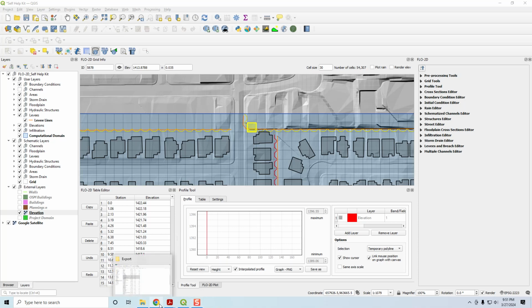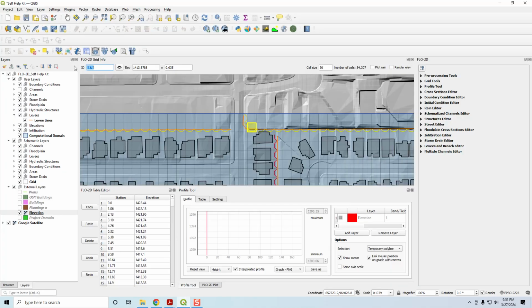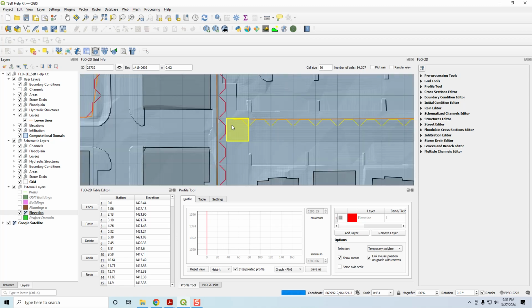Let's see. Oh, sorry, here we go. And one more, 23732. And that says that this one might fail. So that is 1419, 1419, 1419, 1419.